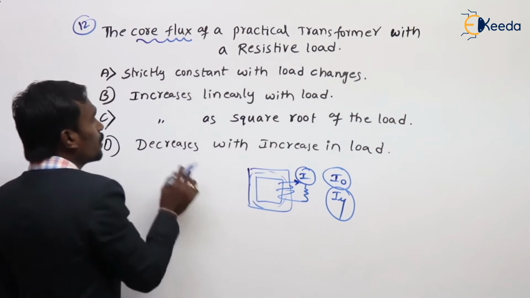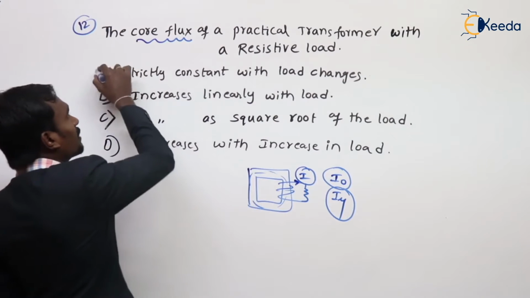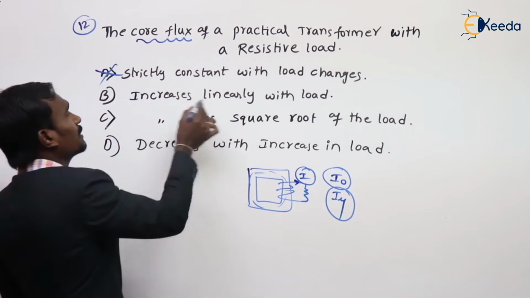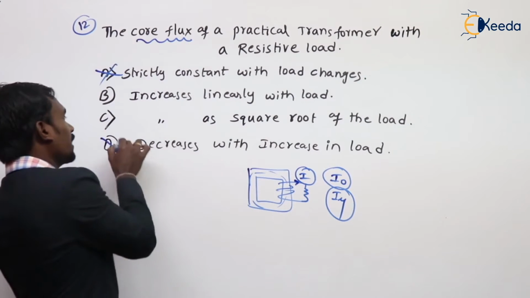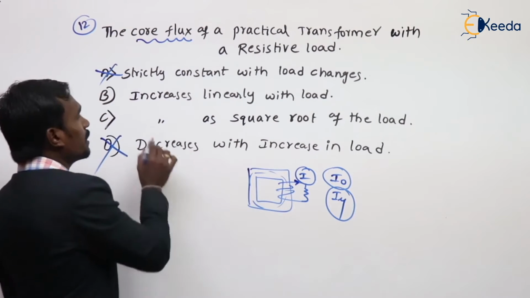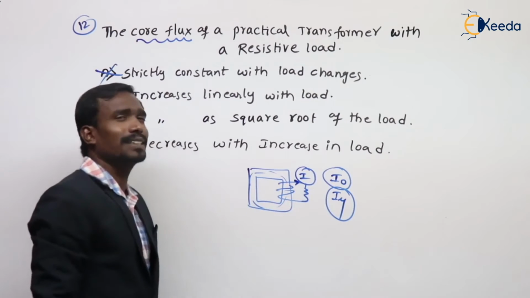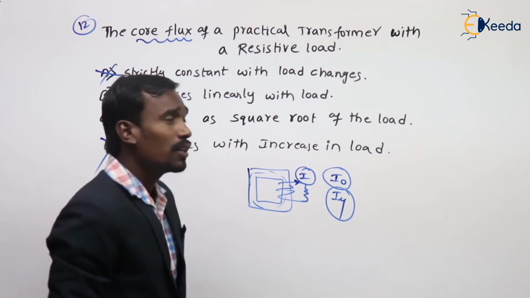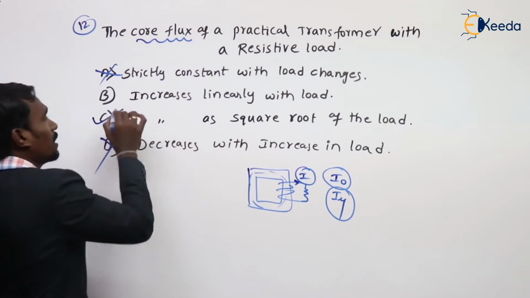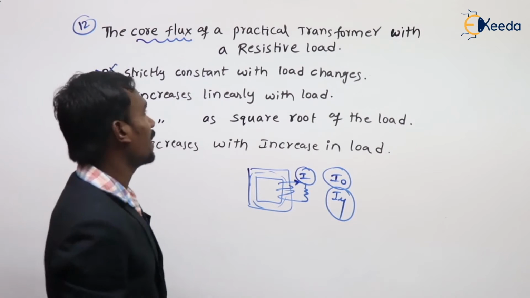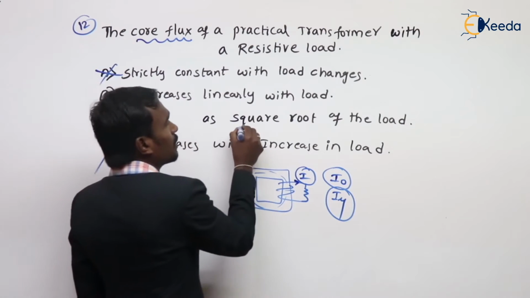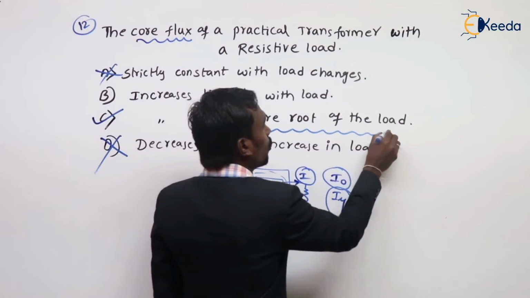But how? Generally, slightly constant is a wrong answer. Increases linearly, decreases are wrong answers. Increases linearly or increases as square root. Which of the following is the exact correct answer? In that, the core flux increases as square root of the load.